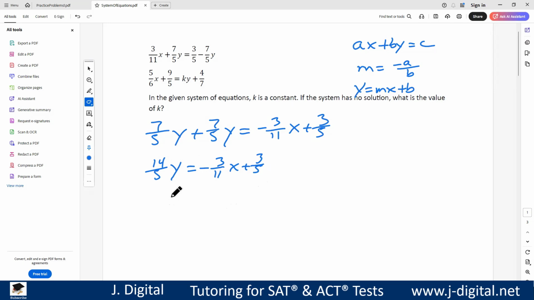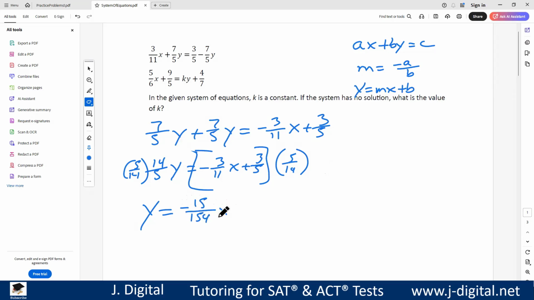All right, then I'll multiply both sides by 5 over 14. Give me 1y there. This will give me negative 15 over 154x and 3 over 14.